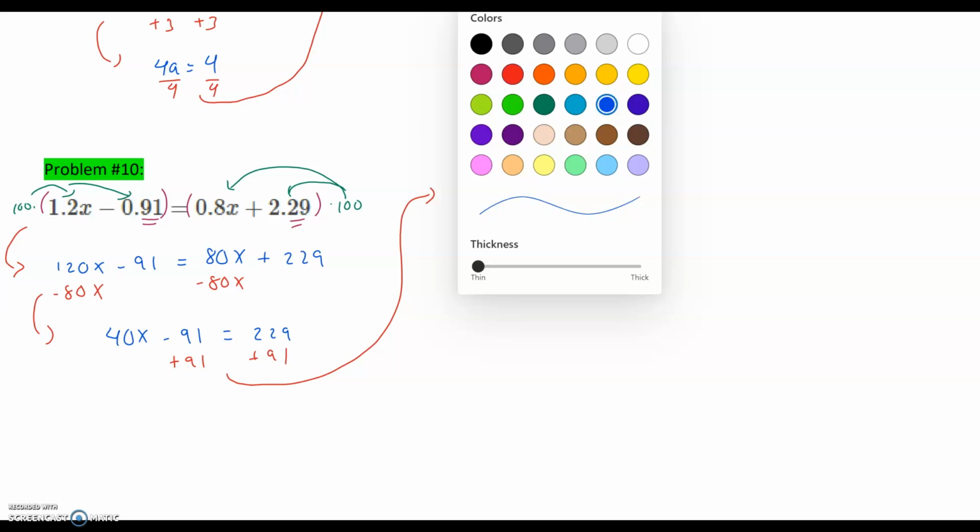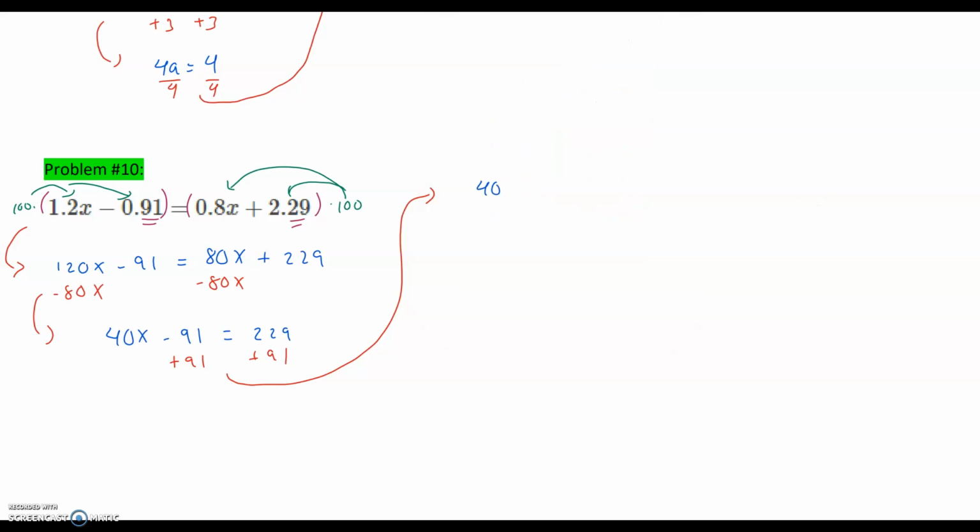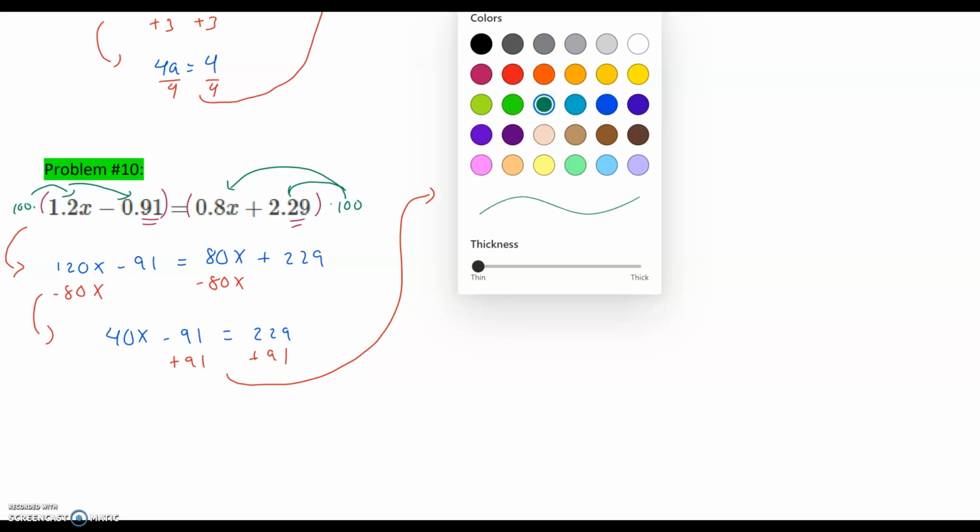So we're left with 40x is equal to, this is going to be a 0, and 9 plus 1 is 10, it's going to be a 0, you carry 1, so that's going to be a 3, so 320.